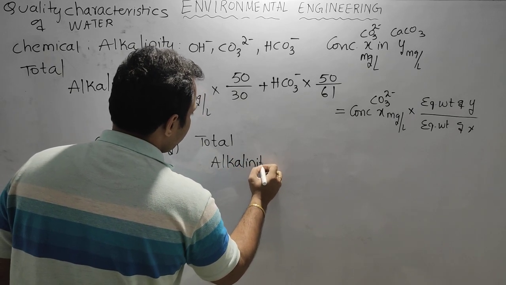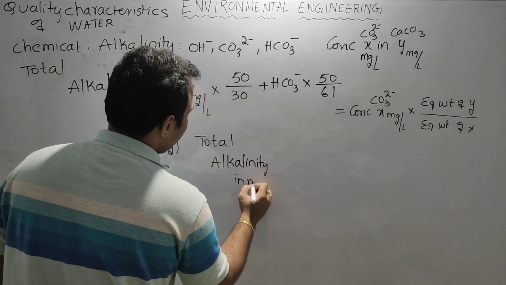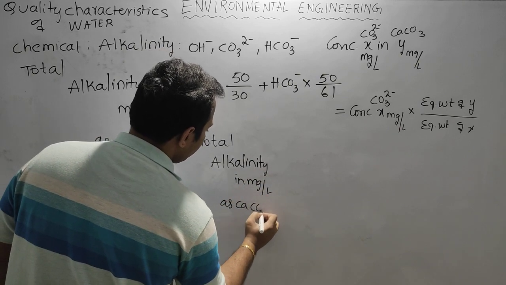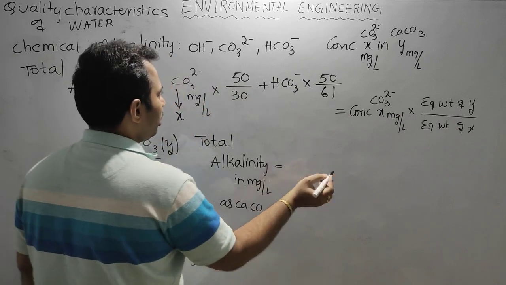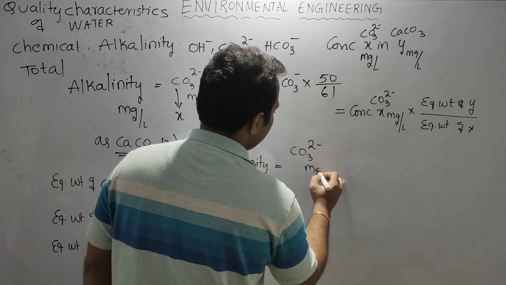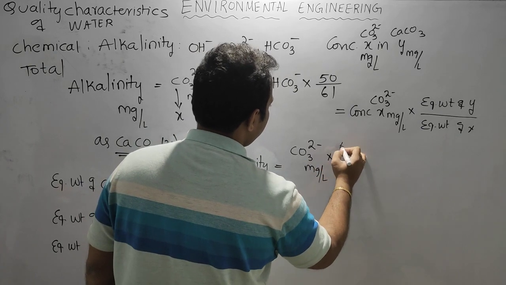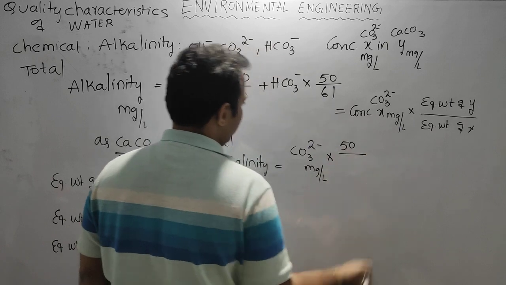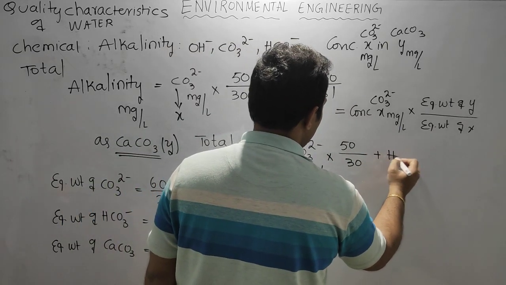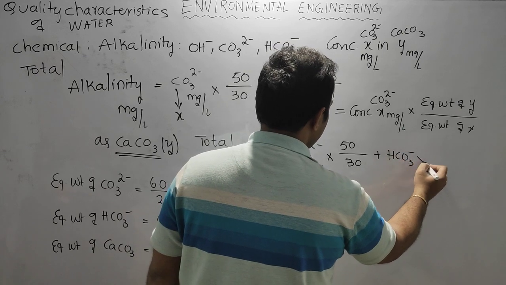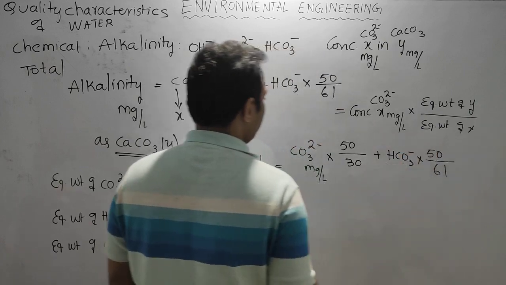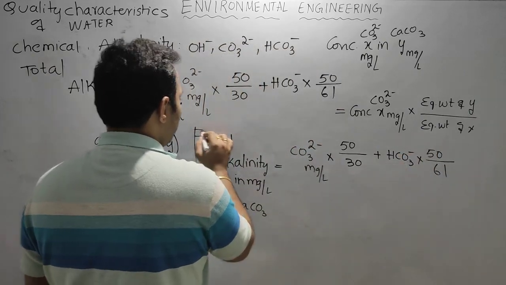Total alkalinity in mg per liter as CaCO3 is equal to CO3 2 minus concentration in mg per liter from titration multiplied by 50, the equivalent weight of CaCO3, divided by 30, the equivalent weight of CO3 2 minus, plus HCO3 minus concentration multiplied by 50 divided by 61, the equivalent weight of HCO3 minus.